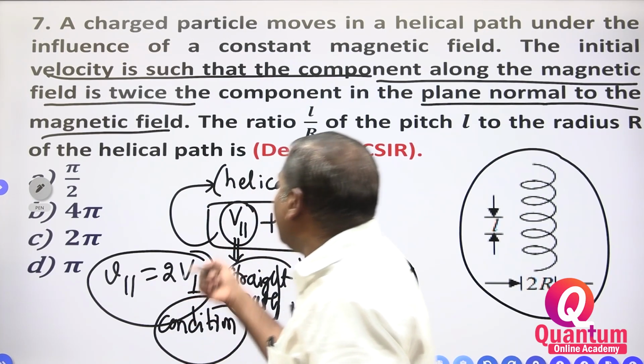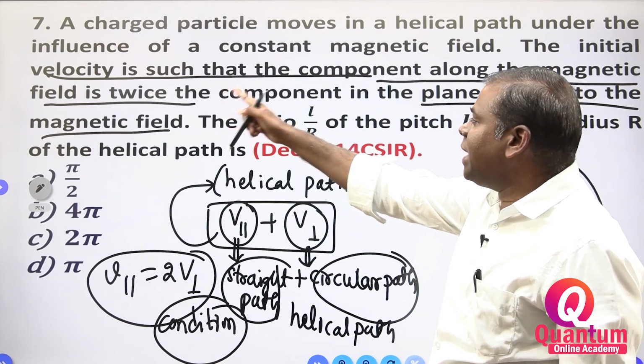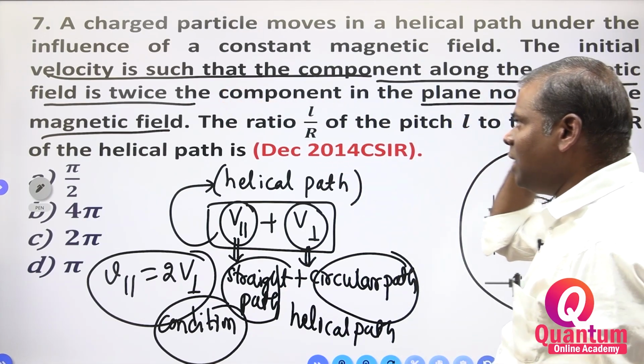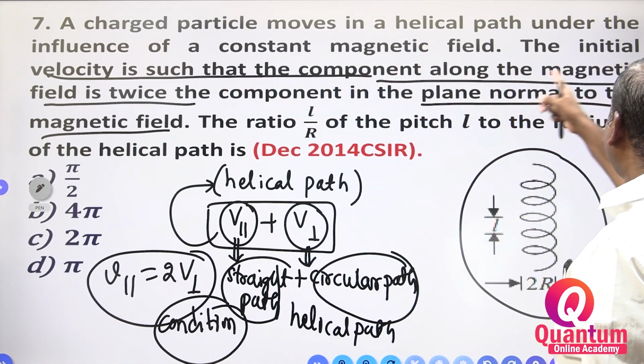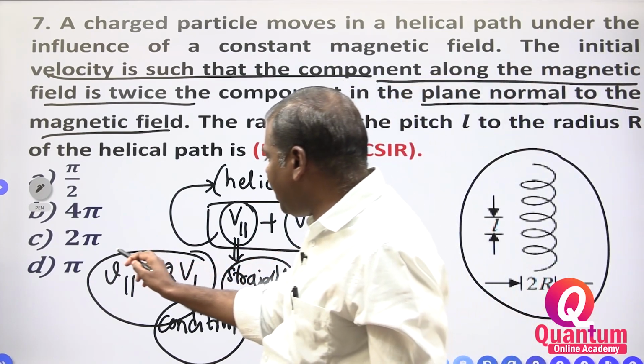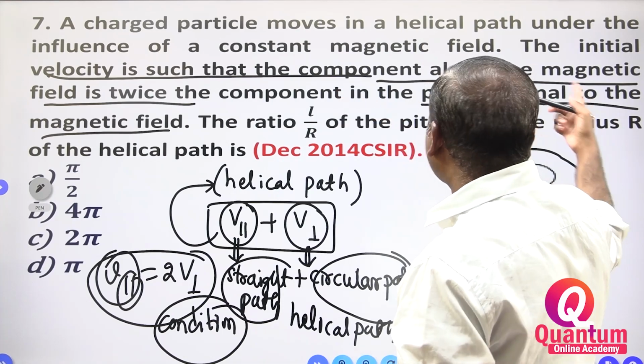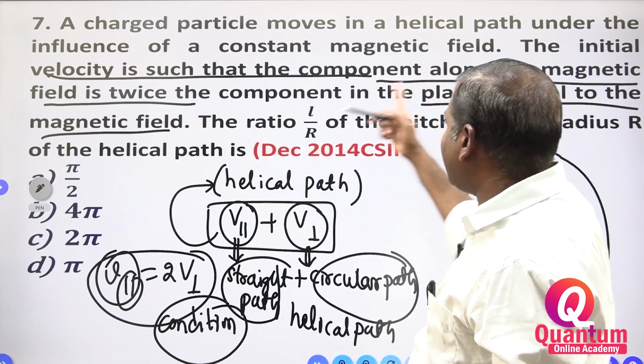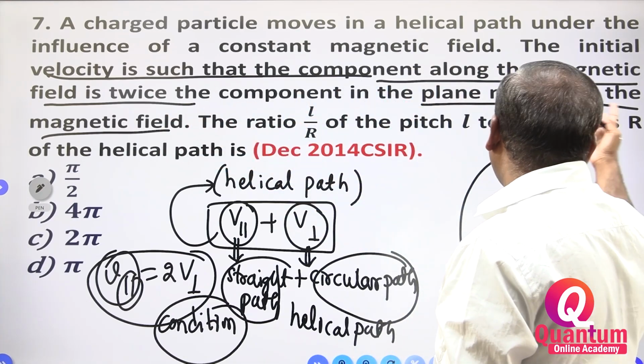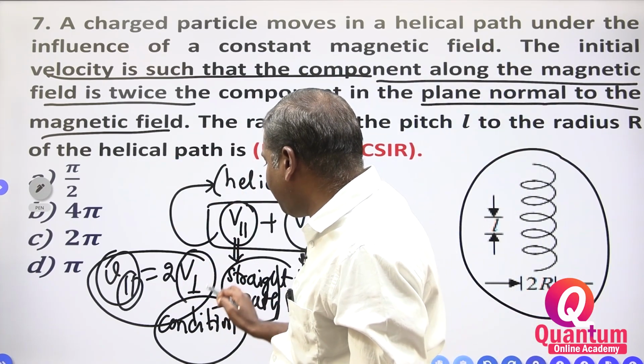Not I am writing, in the problem only they are giving. The initial velocity is such that the component along the magnetic field, that means parallel, is twice the component in the plane normal to the magnetic field.